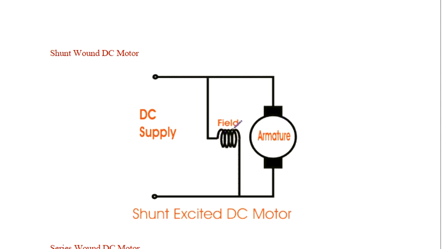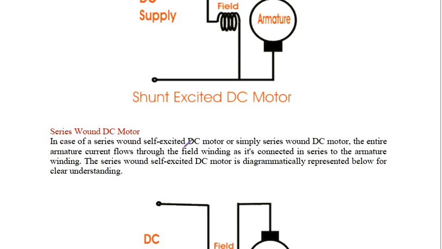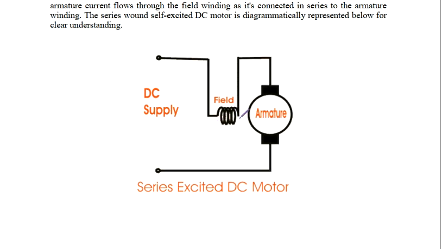Okay. So for both the windings, the supply is common. DC supply is common. That's why it is self-excited, and that too it is shunt because field winding is connected in parallel, which is nothing but shunt connection. So in case of series wound, you can see here that field winding is in series with armature. Here the current IF will be equal to IA, right?